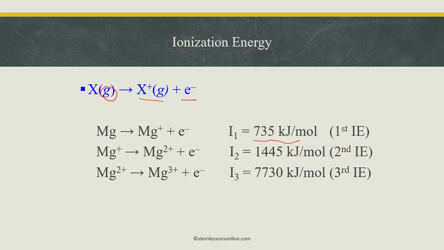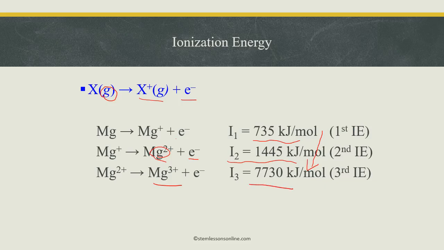And the Mg positive ion changing to Mg2 positive ion by removing another electron, the I2 is 1445. It is increasing as you go to the successive ionization energy. And now when it moves from Mg2+ to Mg3+, it is again increasing.